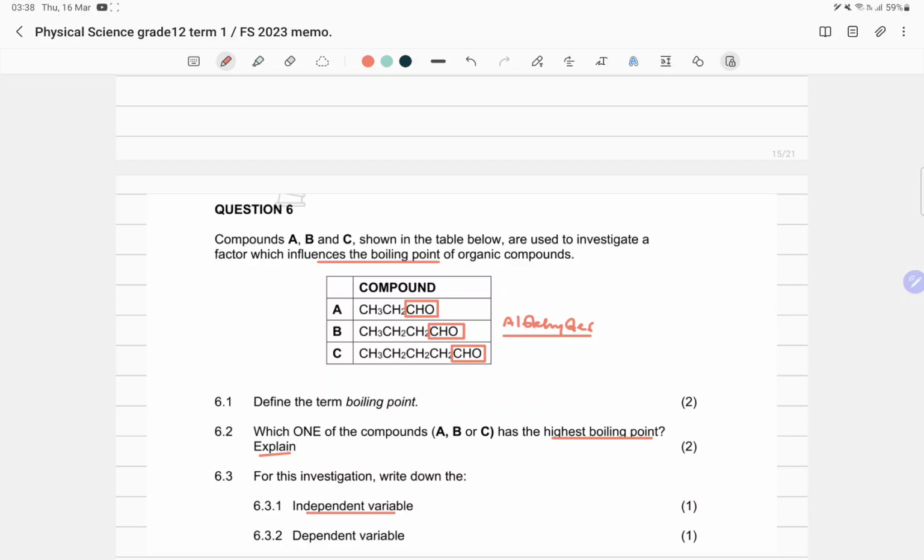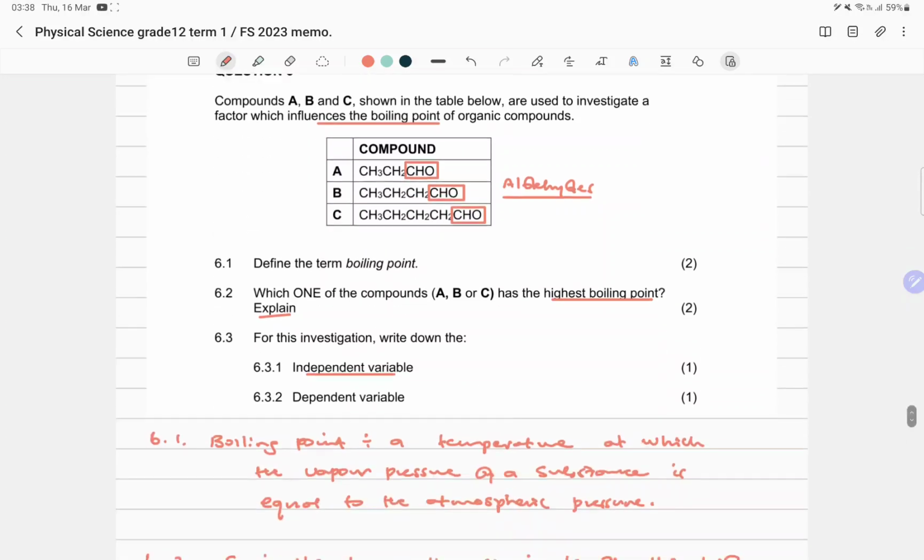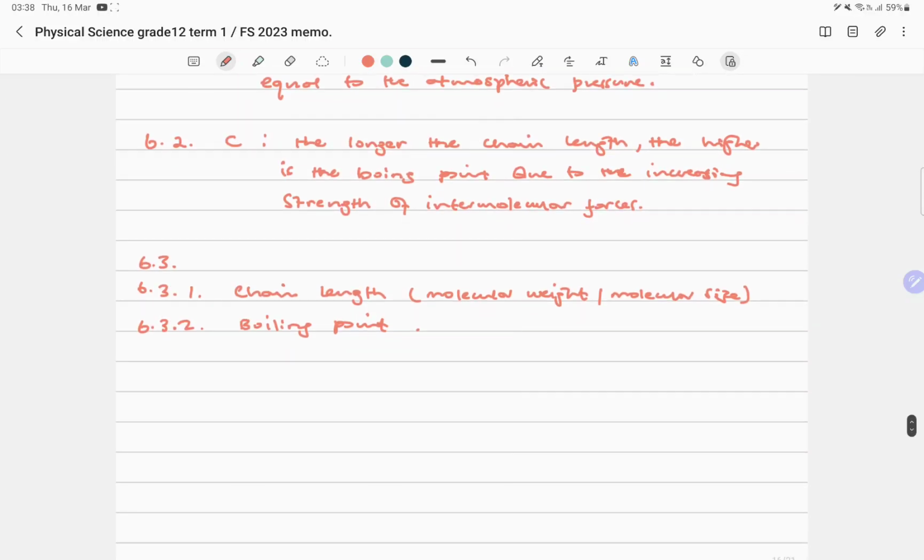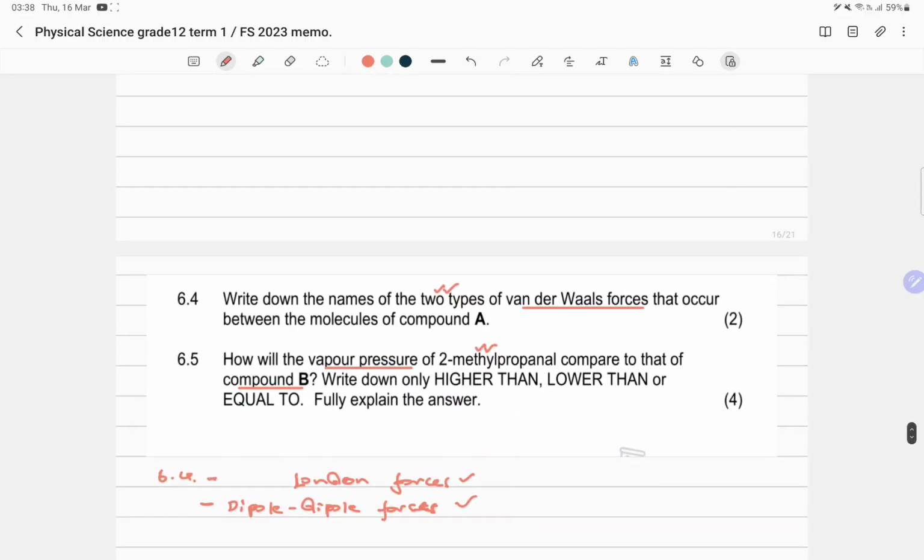So this is butanol. Okay? Butanol. And essentially, 2-methyl propanol is an isomer of butanol. It's a chain isomer. Okay, so write down higher than, lower than, or equal to.